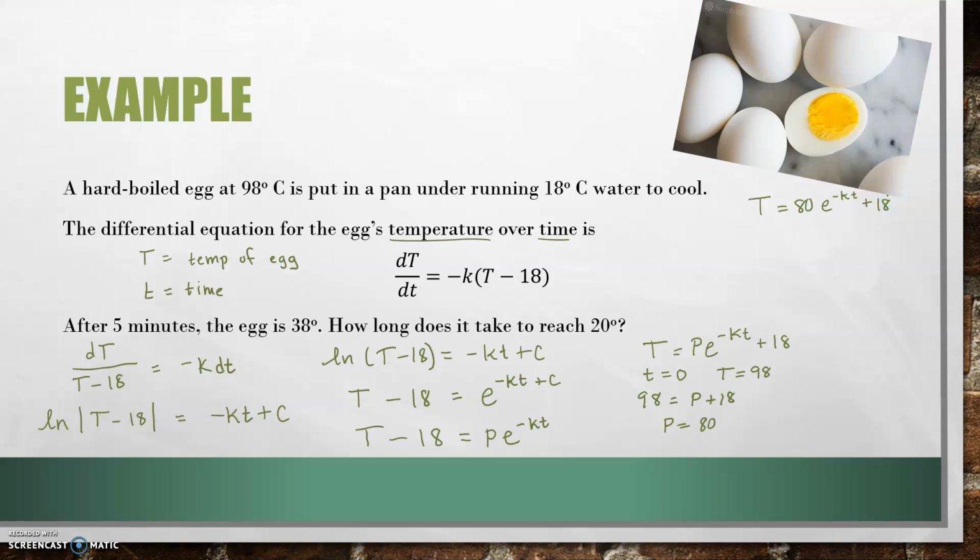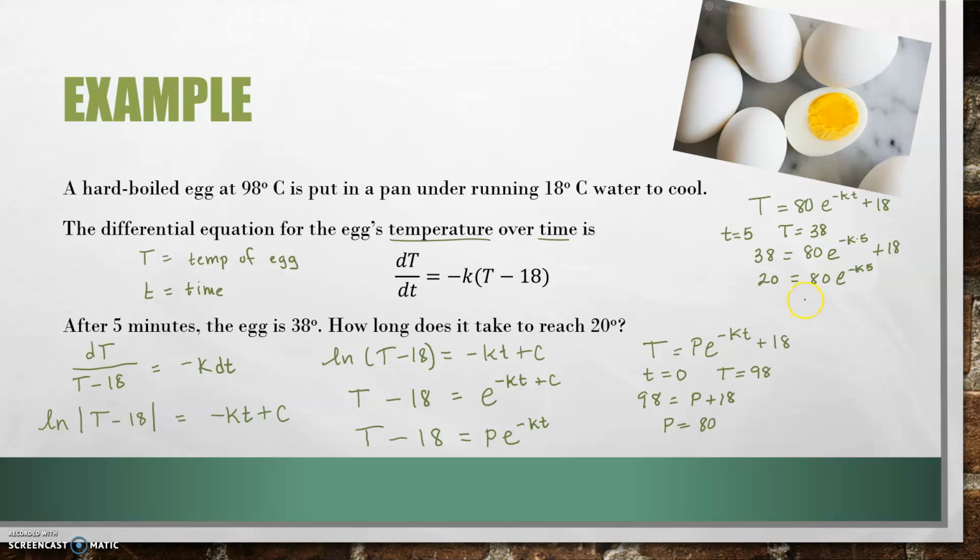The other condition we have is that when t is equal to 5, big T is equal to 38. So we can use that to figure out what k is. So 38 is equal to 80 e to the negative k times 5 plus 18. So 20 equals 80 e to the negative k times 5.